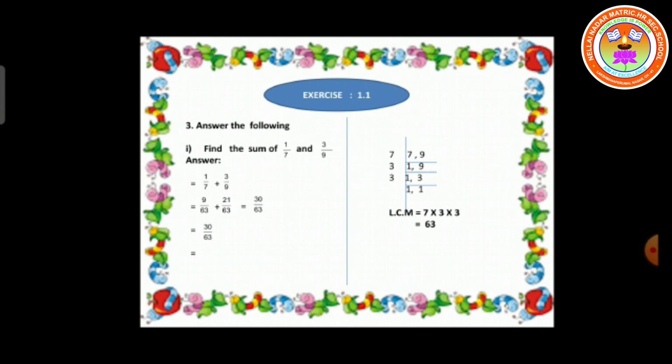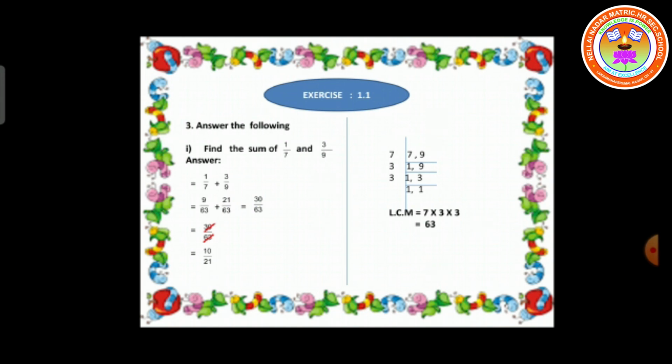But you have to try whether we can do the cancellation. Here 30 by 63 is there. So just think of 30 and 63, which table will it go? Obviously the 3 tables. So 3 tens are 30 and 3 21s are 63. So the answer is 10 by 21.